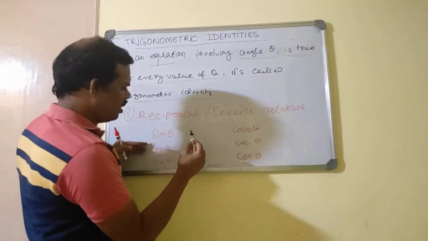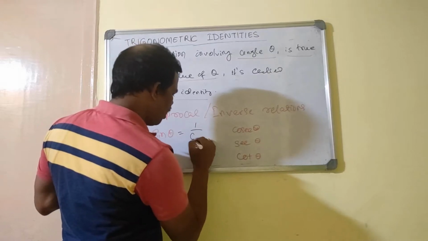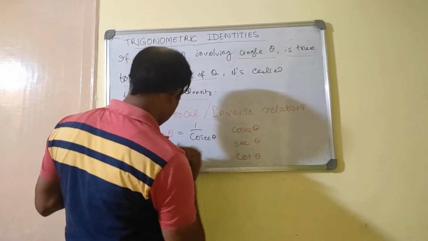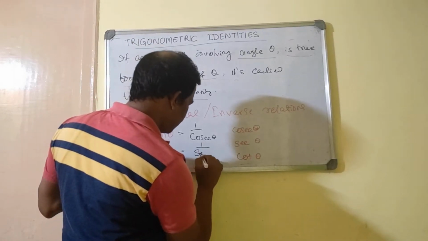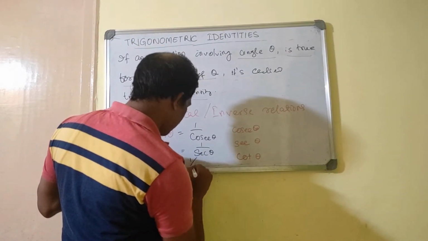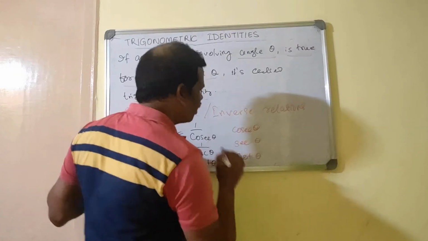So sin theta will be equal to 1 upon cosec theta. Cosec theta will be 1 upon sin theta. Tan theta will be 1 upon cot theta.